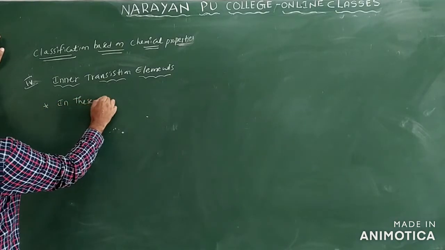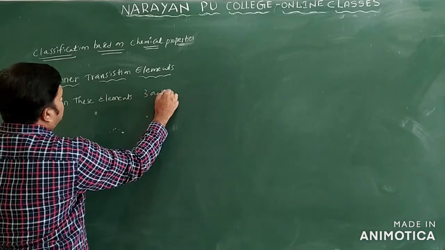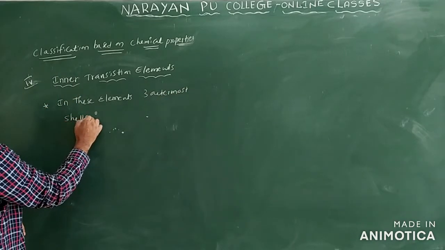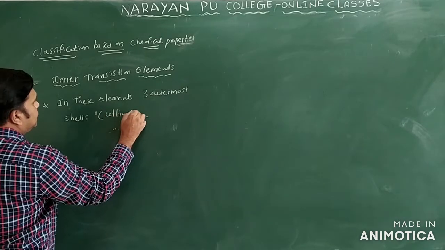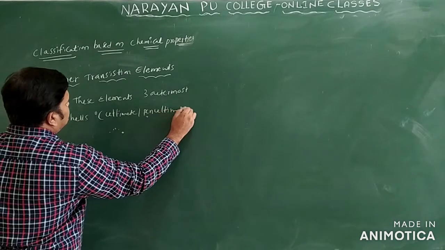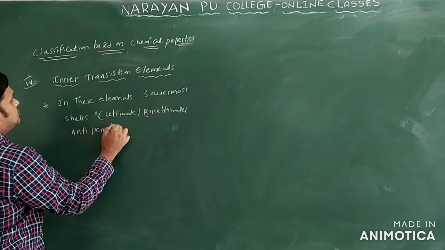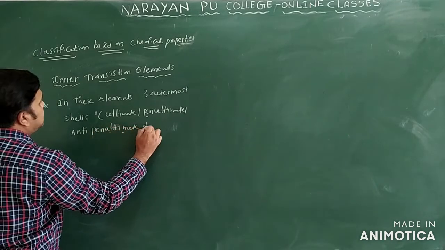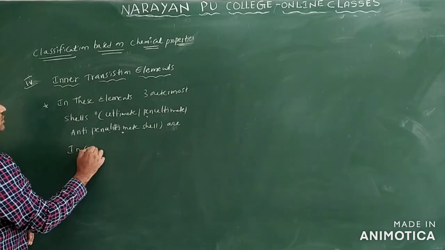So in these elements, the three outermost shells, ultimate, penultimate and anti-penultimate, are incompletely filled.